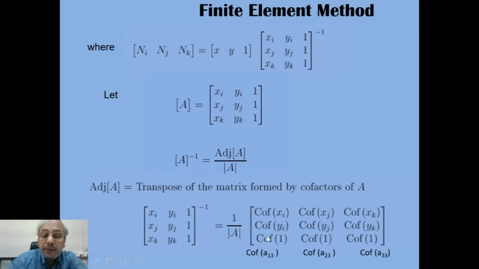And the third row we have written as cofactor of 1, cofactor of 1 and cofactor of 1, but the cofactors of these numbers at these locations are not the same. Basically this one represents A13, so this term will be the cofactor of A13. This term will be the cofactor of A23 and this term will be the cofactor of A33.